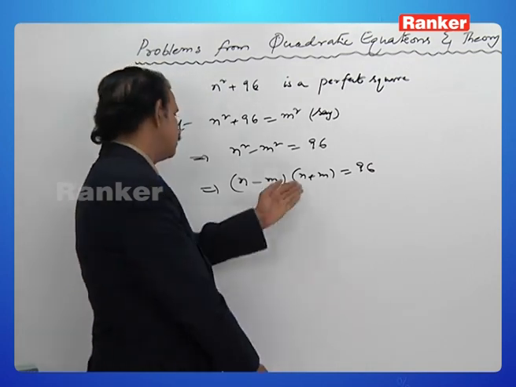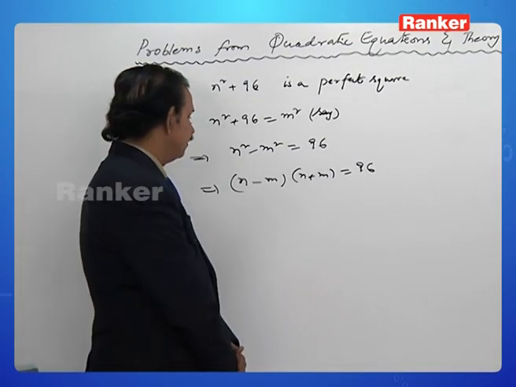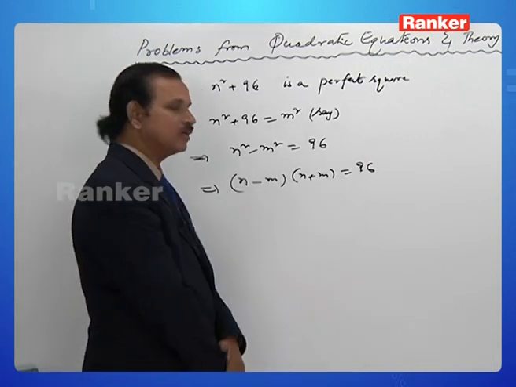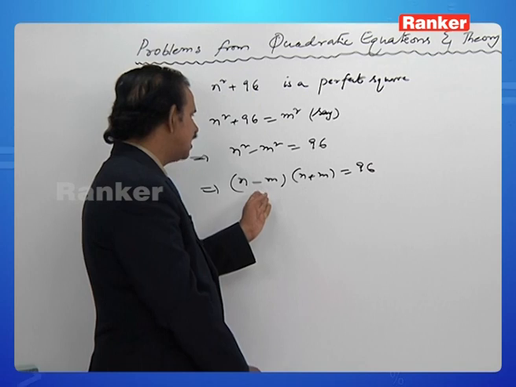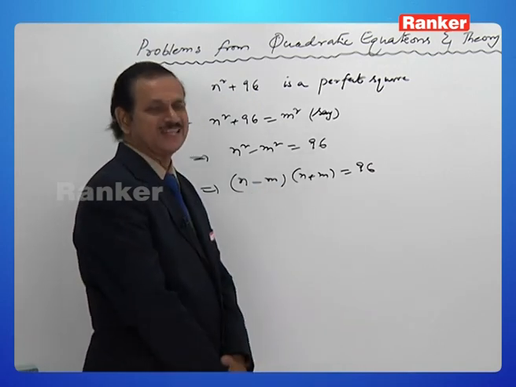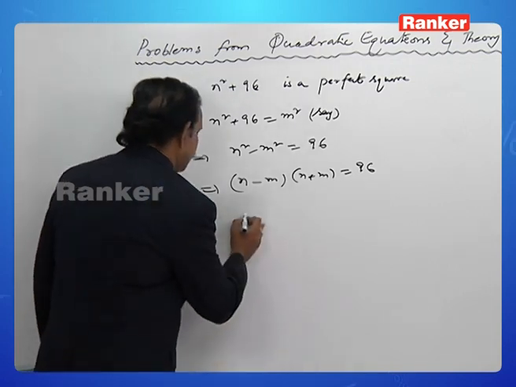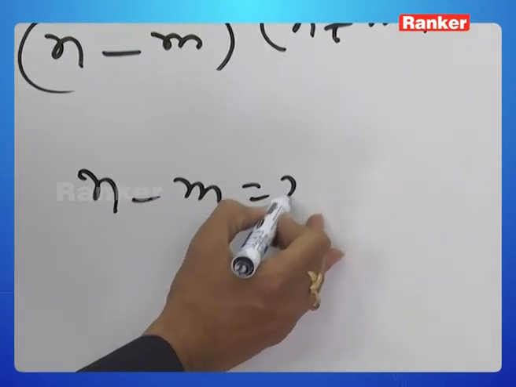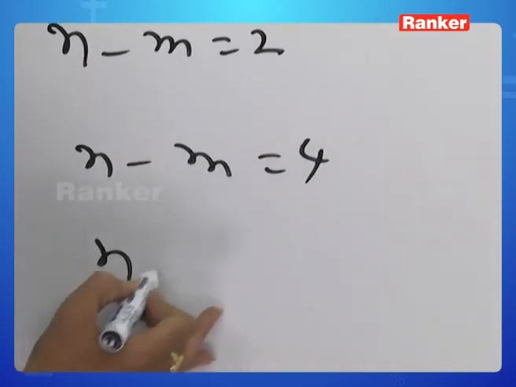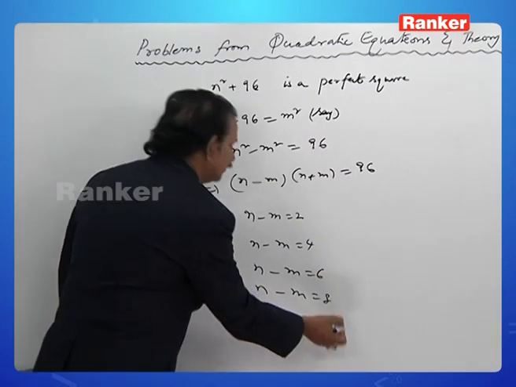As n minus m is less than n plus m, here we observe that both n minus m and n plus m must be even because the product is even. If one of them is odd, we cannot get 96, so both are even. Well, how many possibilities are there? n minus m is equal to 2, 4, 6, 8, like that.